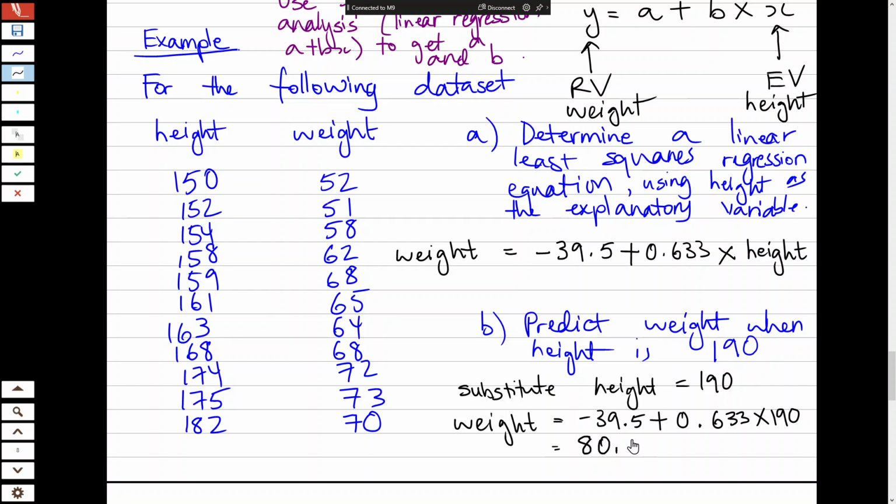Thanks. Okay, so in the test, I tell you how much to round it to. Here, I'm more concerned with the method rather than the actual answer.